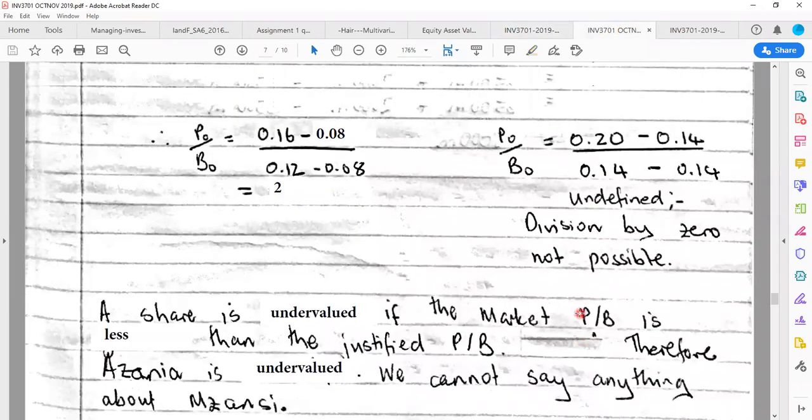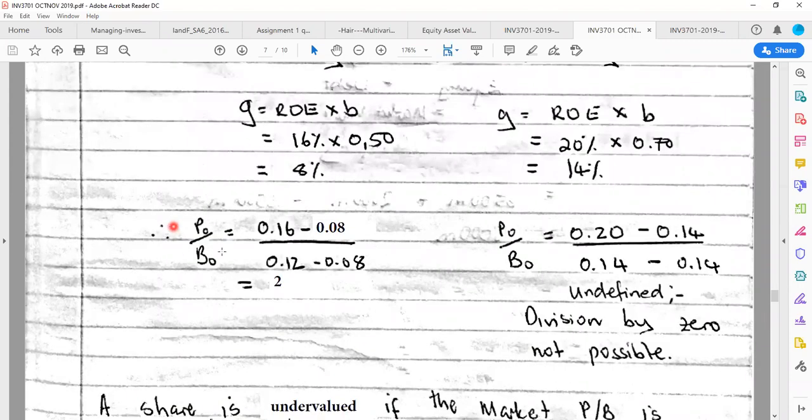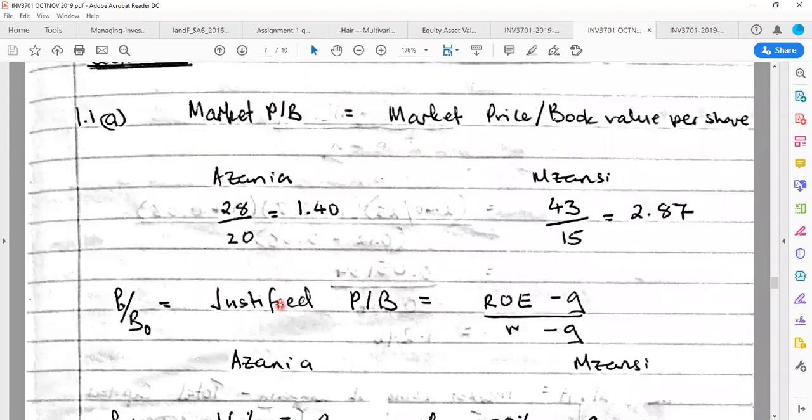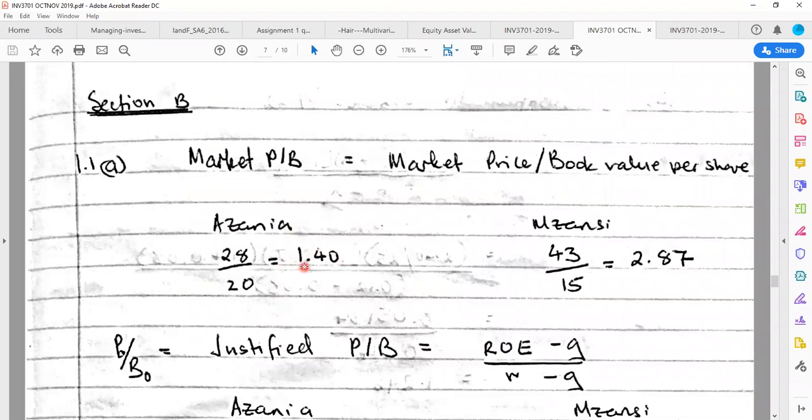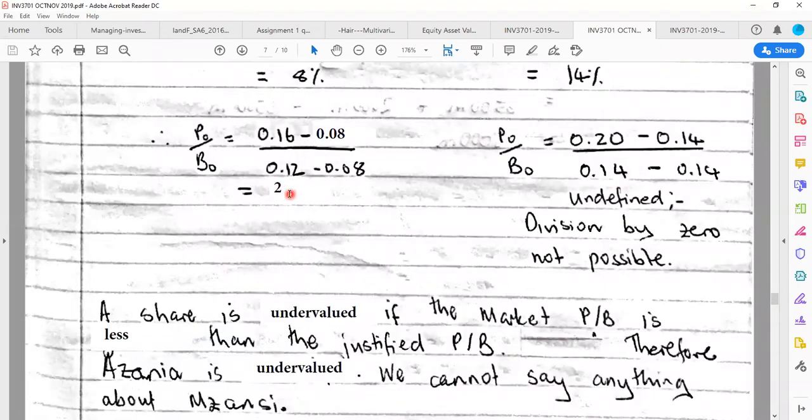Okay, so now let's come to our conclusion. So based on the notes I gave you, we know that a share is undervalued if the market price to book is less than the justified price to book. So we can see with Azania that the market price to book is 1.4 and the justified price to book is 2. So we can see the market price to book is less than the justified price to book.